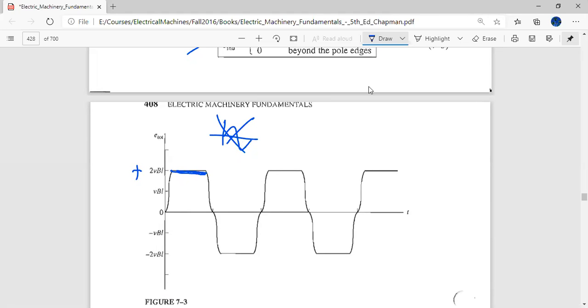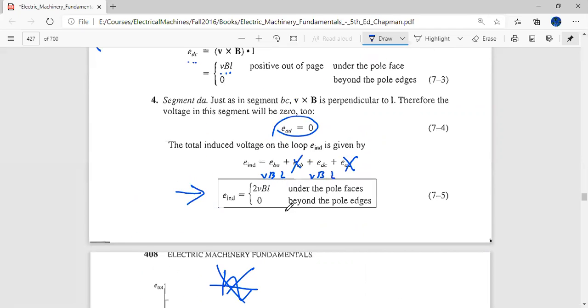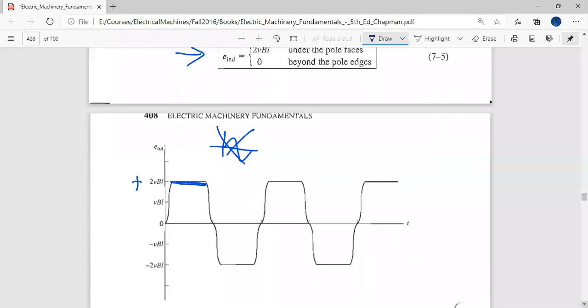So there is nothing to suggest non-constant behavior, because V is constant, B is constant, and the length of the wire is constant. So it is not going to behave like a sinusoidal wave. It is going to behave like a constant DC voltage, which only changes direction after every half cycle.